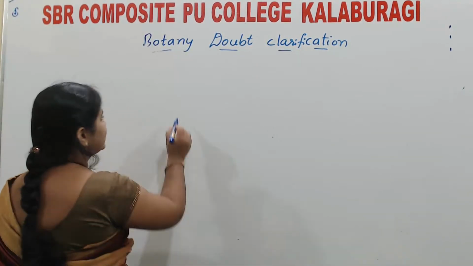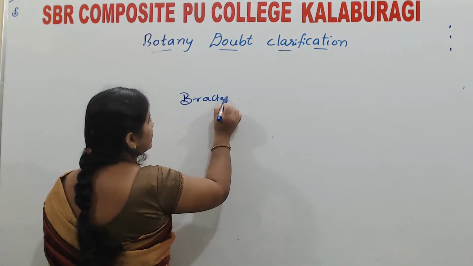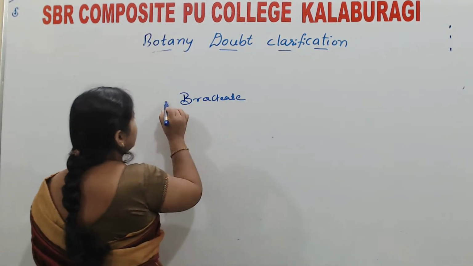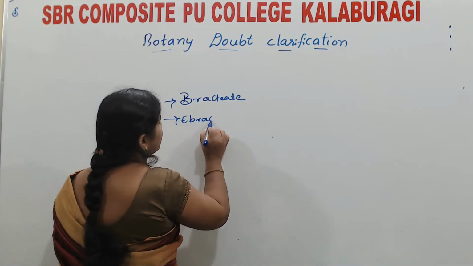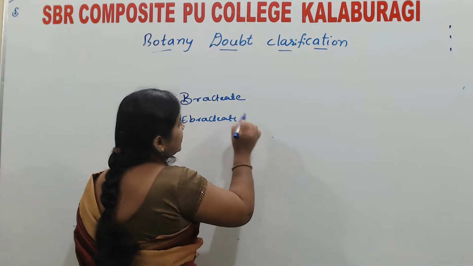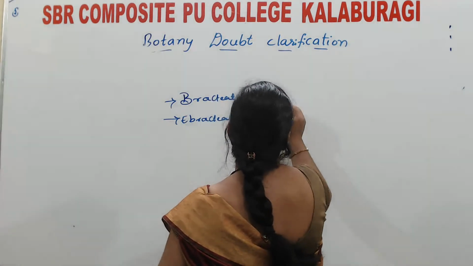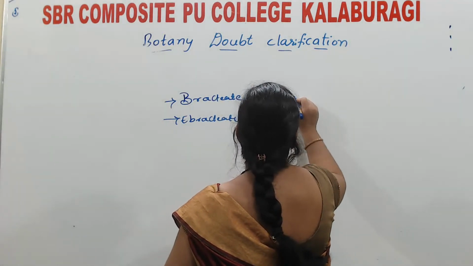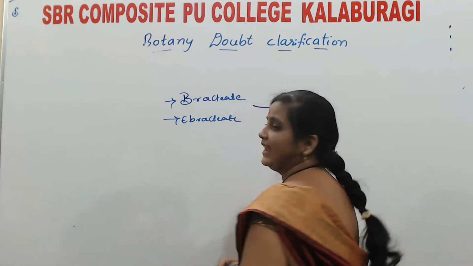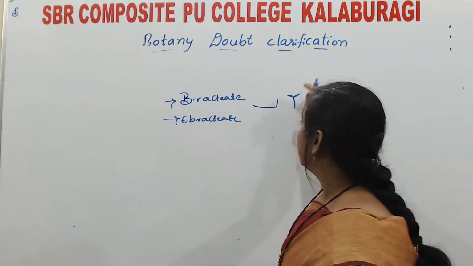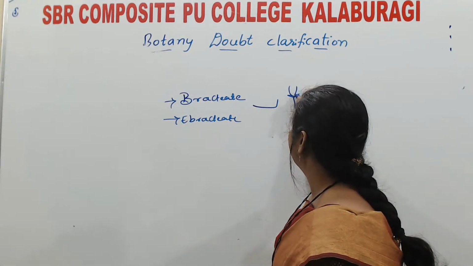One of the students has asked the doubt about what is a bracteate and ebracteate flower. A bracteate flower means one with highly reduced leaf-like appendages which are present below the flower.